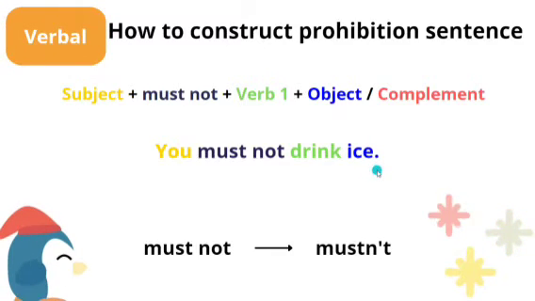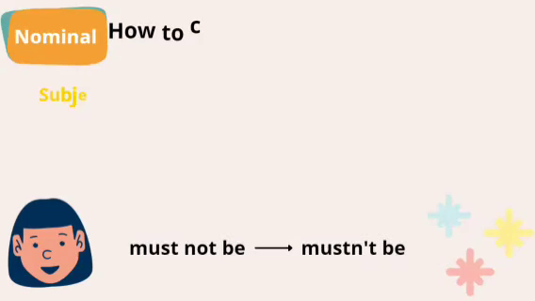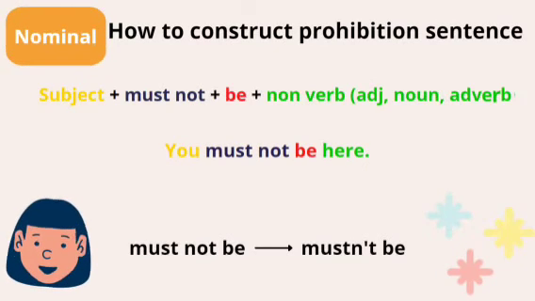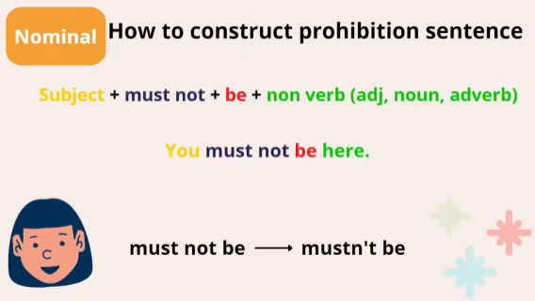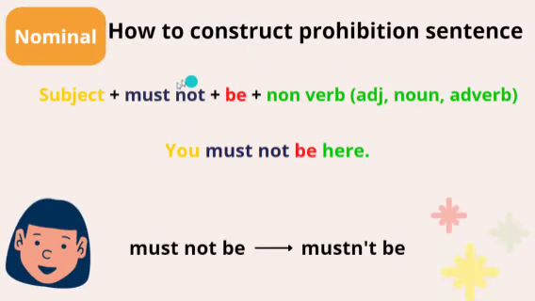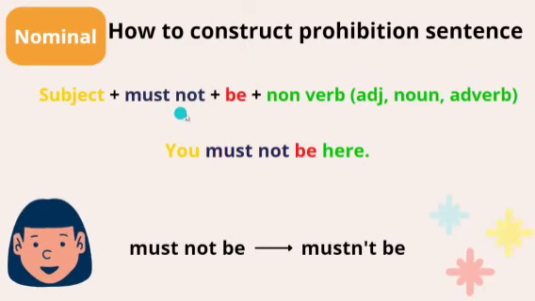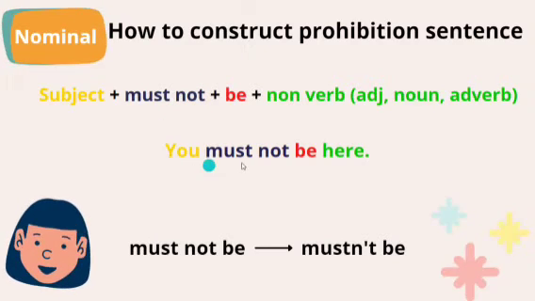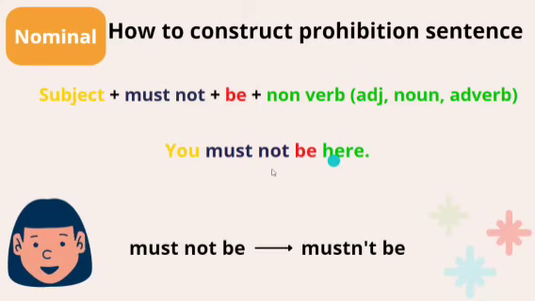And because here, karena kata here bukan kata kerja, here artinya di sini. Dan itu merupakan adverb of place, keterangan tempat, maka gunakan kata be. Ya, you must use the word be. So, it becomes, you must not be here. Kamu tidak boleh ada di sini. Do you get it? I hope so.